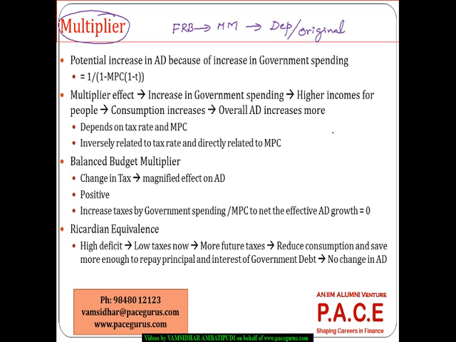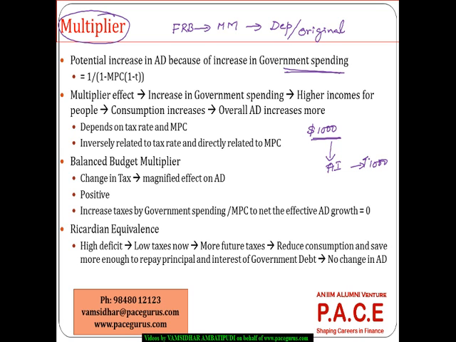Let's say the government is spending some $1,000, right? So the government is spending $1,000 per every individual. So overall, let's say the government has spent some $1,000. Now this 1,000 is going as additional income to the individuals.